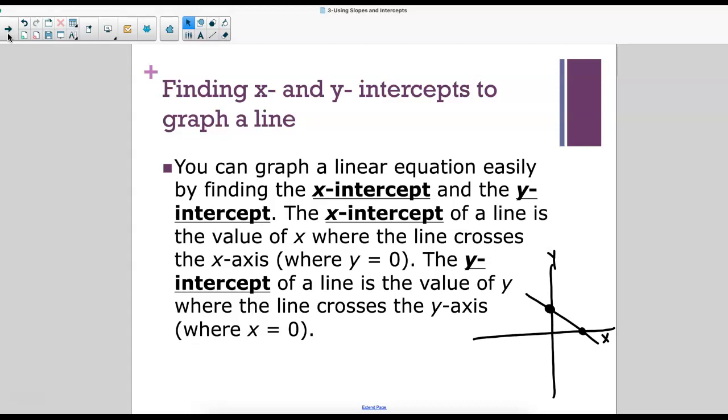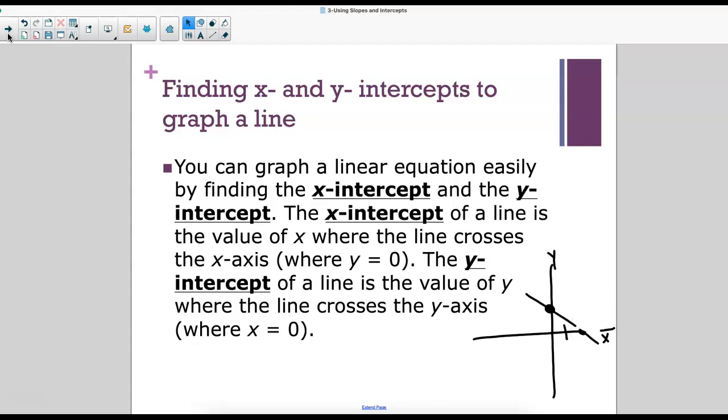So if we can find where the x-intercept is and the y-intercept, then we can graph the line. The x-intercept is where it crosses the x-axis. That's when y equals 0. Do you agree?